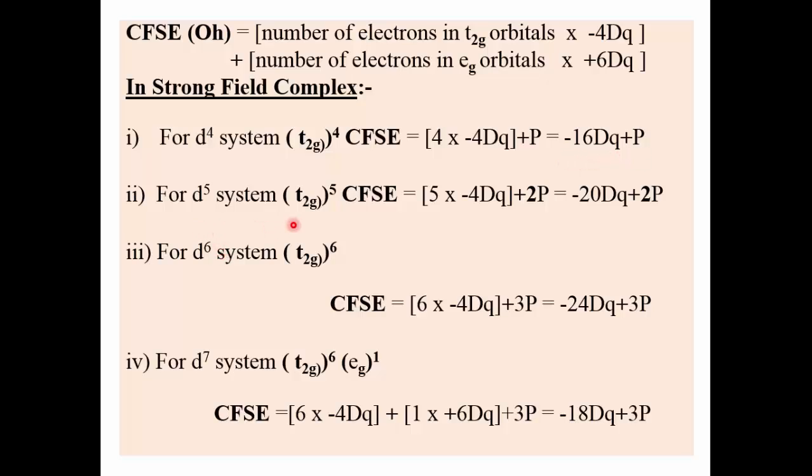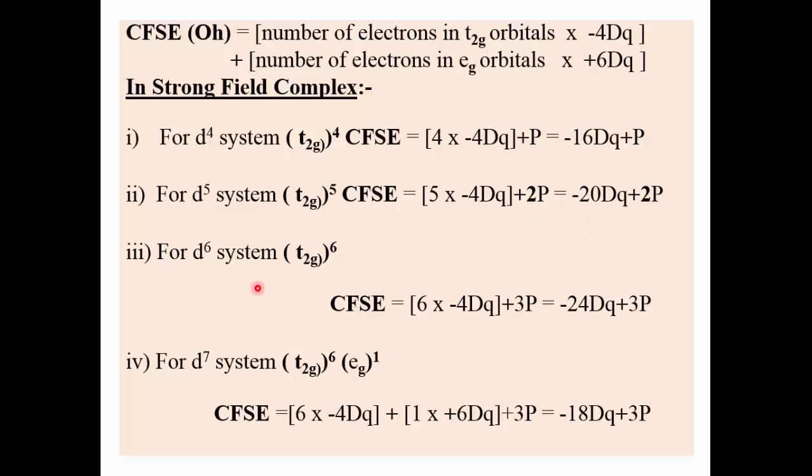Then D5: all electrons enter into the t2g orbital, therefore the electronic configuration is t2g5, hence the energy is 5 into minus 4dq plus 2 electron pairs, therefore 2p. Hence CFSE is minus 20dq plus 2p.